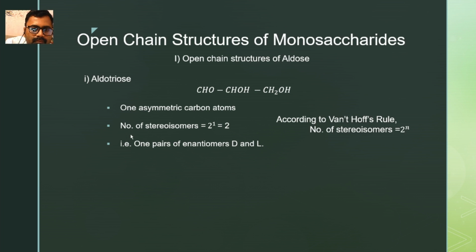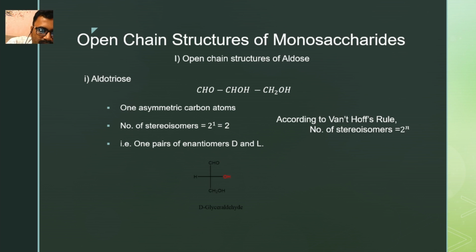Therefore, 2 stereoisomers are possible, that is 2 raised to 1 is equal to 2. We observe that these 2 stereoisomers are non-superimposable mirror images of each other. Therefore, they form one pair of enantiomers, that is the D and L isomers.